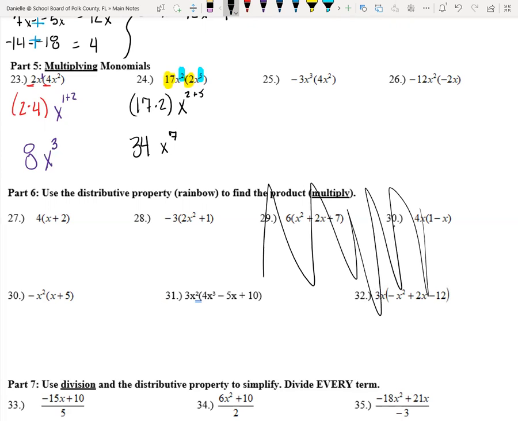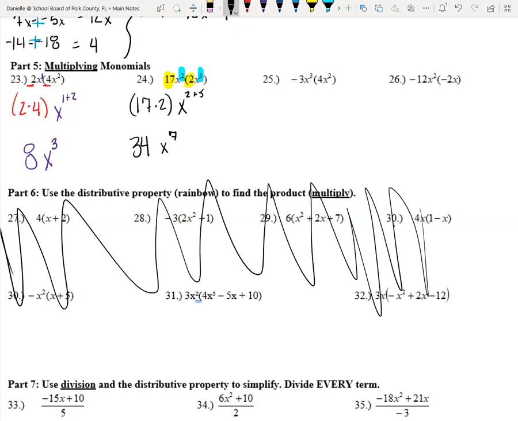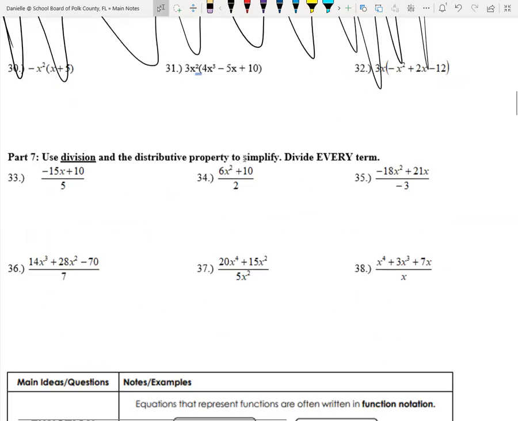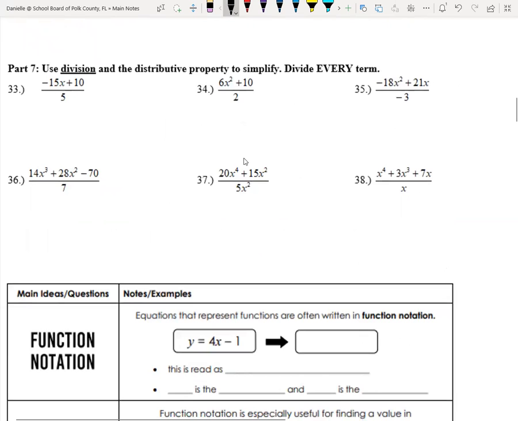We know how to distribute, so we're going to skip that part. And we're going to come on down to division. For division, we're going to start on 38. We're going to break this apart into individual fractions. So we'll have x to the 4 divided by x, 3x to the 3rd divided by x, and 7x divided by x. Now, when we did multiplication, we added the exponents together, which means when we're dividing, we're going to subtract our exponents.